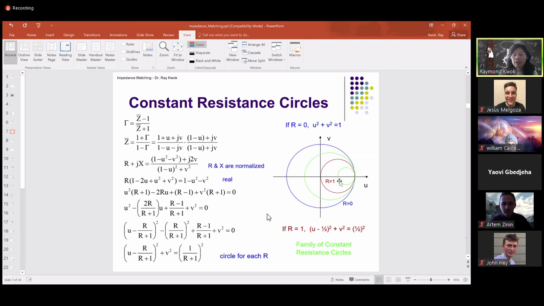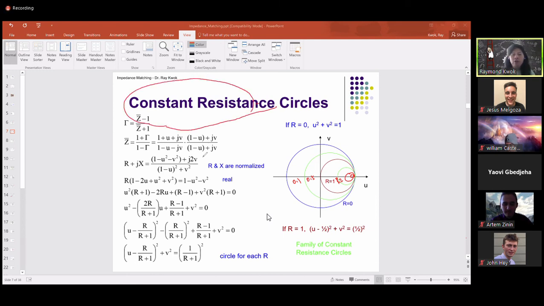For high resistance, R equal to 2, R equal to 3, the circle is getting smaller and smaller. For smaller resistance, say R is 0.5, 0.4, 0.1, the circle is getting bigger and bigger, and eventually R equal to 0 will be the biggest circle. This type of circle I call a constant resistance circle.